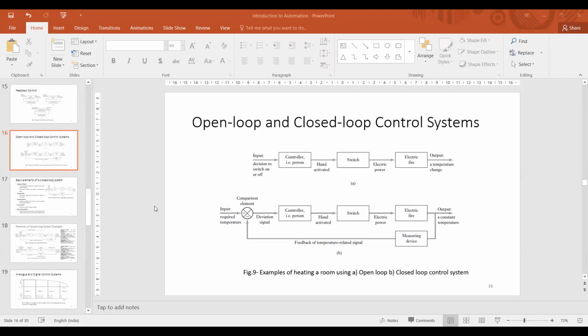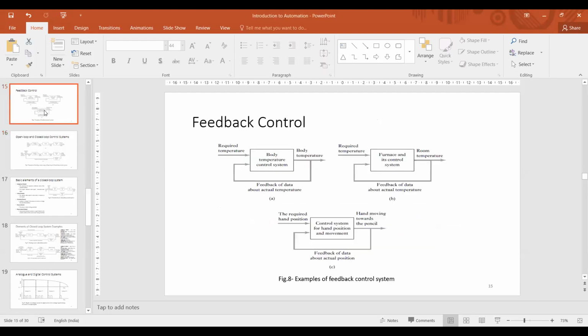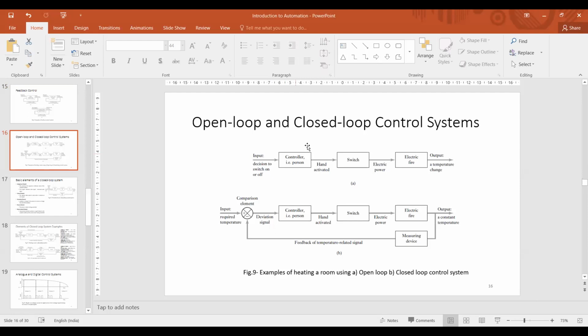So continuing from the last lecture, that is open loop and closed loop control systems. We have seen that the difference between both the systems is the feedback system. For the feedback system, to implement the feedback and make the required changes, there is a requirement of a comparison element.